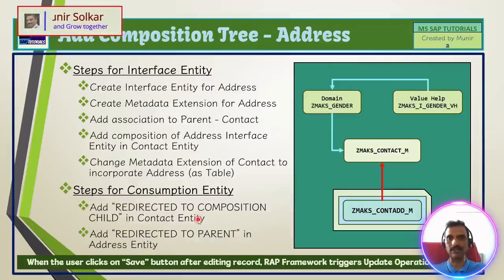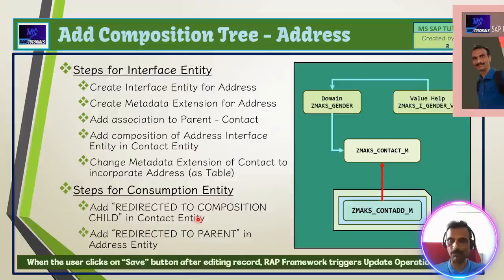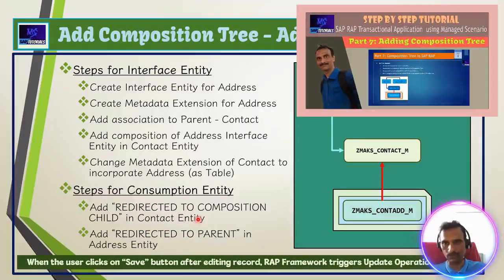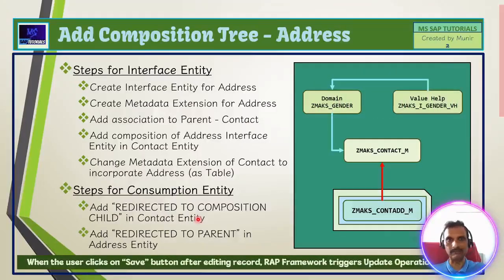All these steps we have already seen in our managed scenario series where we added a composition. If you want to know more about the complete step by step there, please visit my managed scenario series, and the video would be on adding composition tree.